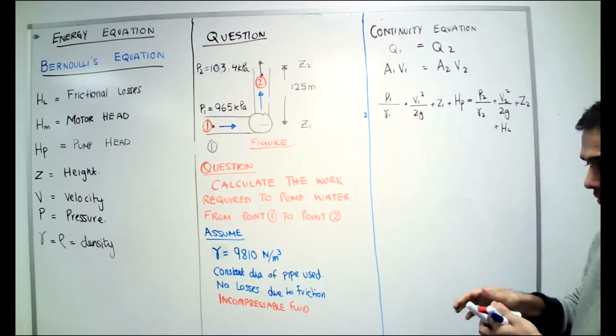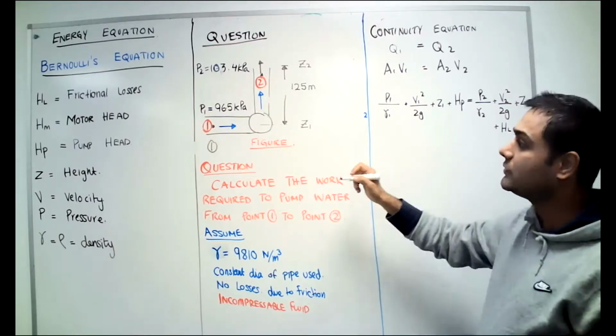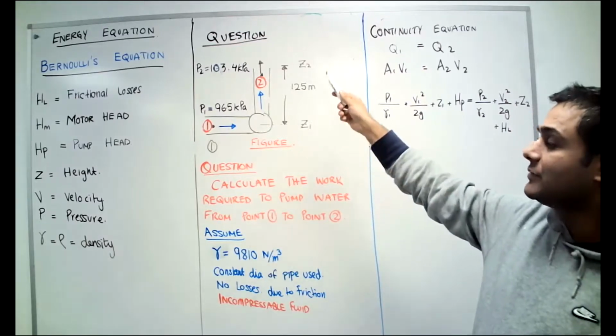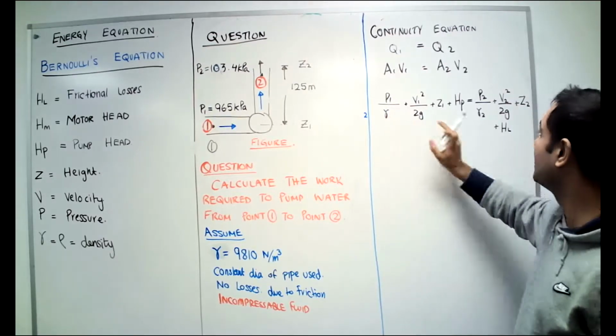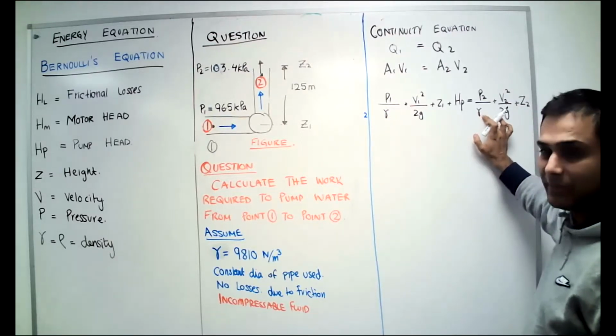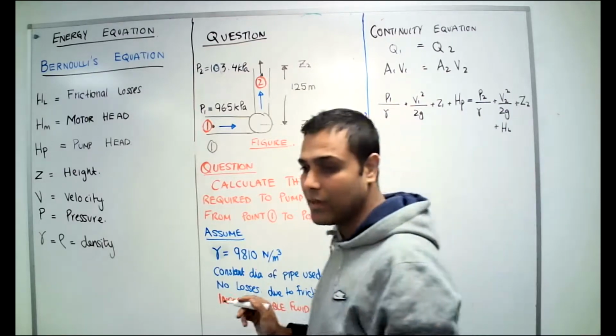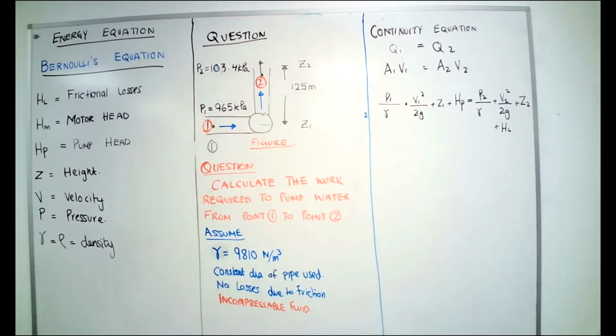Now, because whatever goes in comes out, it's the same fluid. So I can call this one and this one all the same. They have the same relative density, so I can get rid of that one. Now we are going to have a look at these equations and find the values.